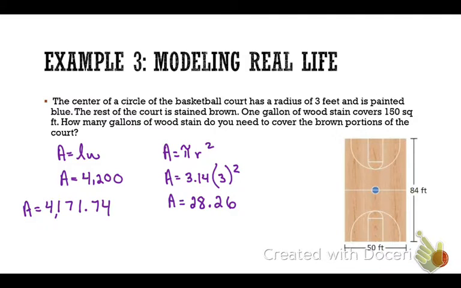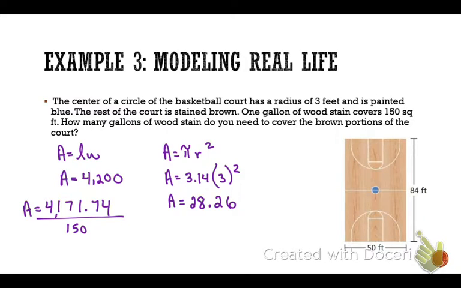Okay. All right, so 1 gallon covers what? 150 square feet. So I will now divide this by 150 to see how many gallons I need. 4,171.74 divided by 150.